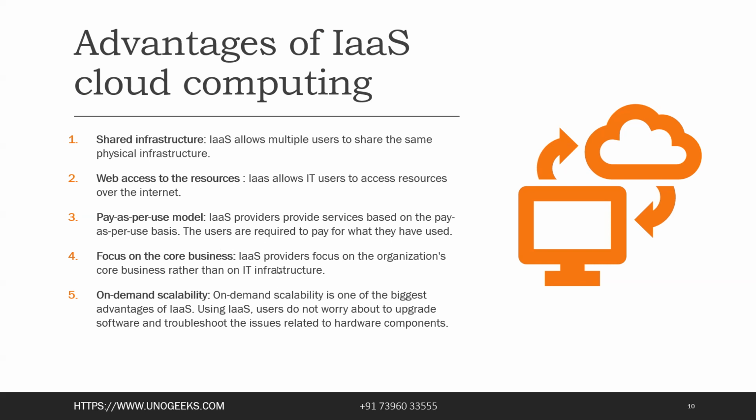IaaS supports core businesses and IT infrastructure, in the sense that I have a database in an on-prem server and I want to migrate that database into Azure. So we have separate migration mechanisms like lift and shift operations.